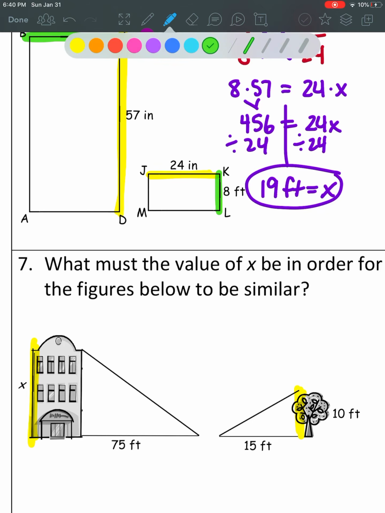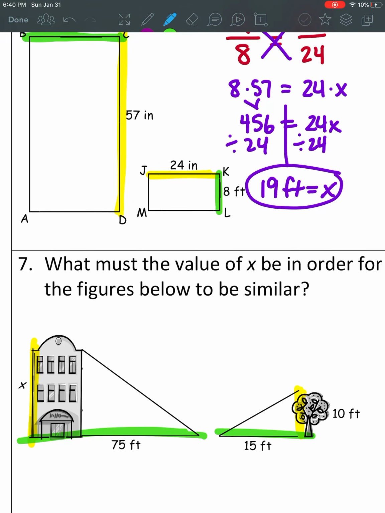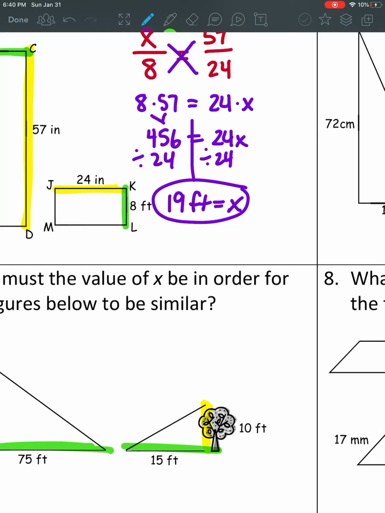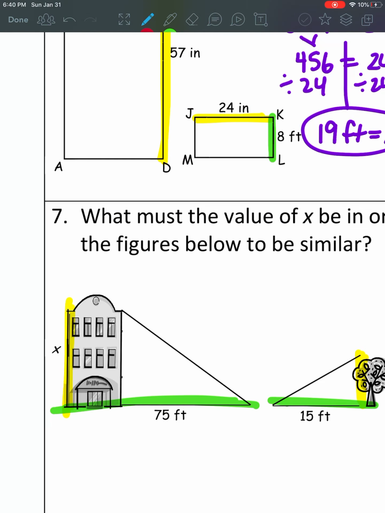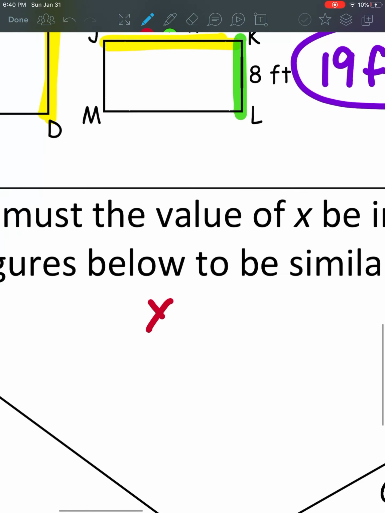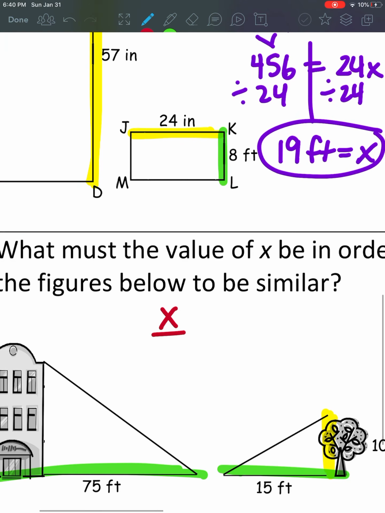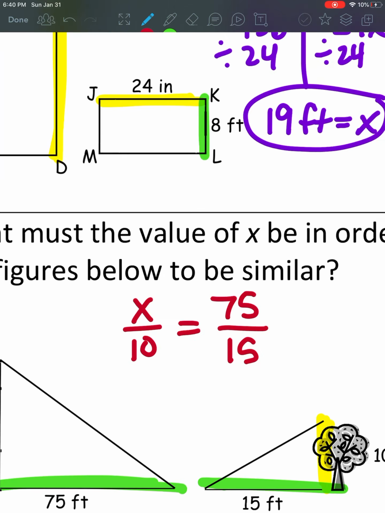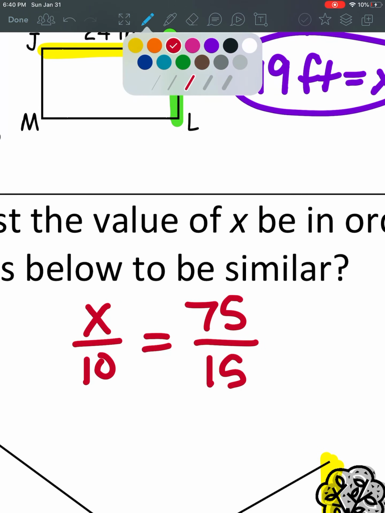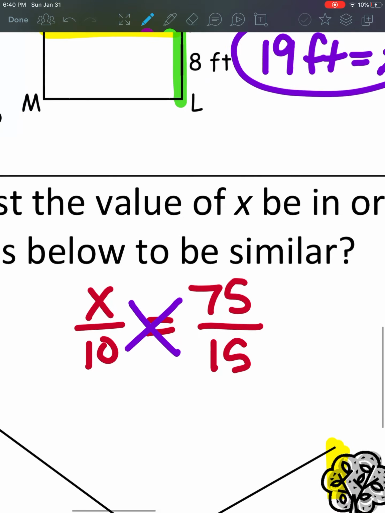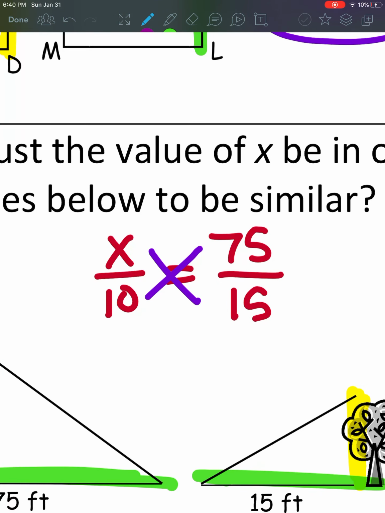Okay. I'm going to jump down below again. We have x equivalent to the height of our tree, 10. 75 corresponds to 15. And we'll set up another proportion. So x corresponds to 10. Since x came on top, the 75 has to go on top in the second fraction.